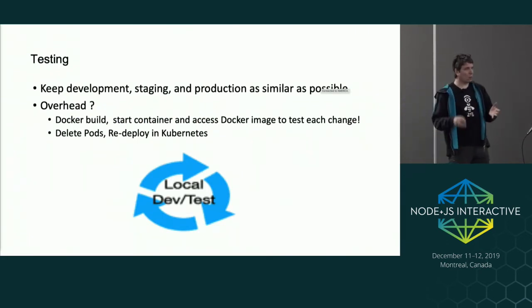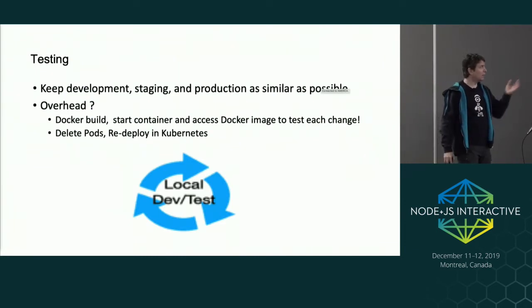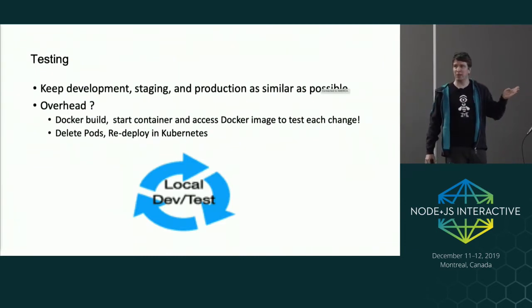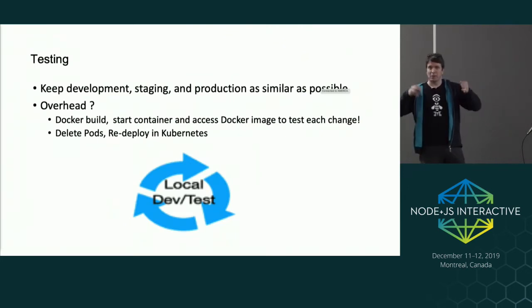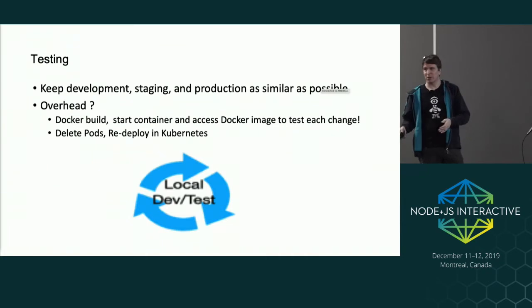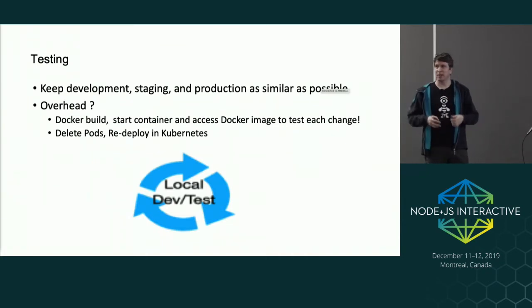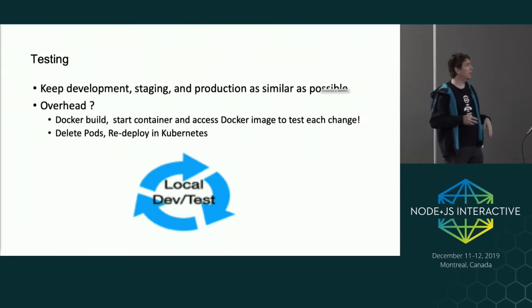So we actually want to test in Docker or in Kubernetes, ideally. But it strikes me there's going to be a lot of overhead there: I have to rebuild my Docker image, I have to start my Docker image, I have to start my testing. Do I really need to do that on every single cycle? That could be a lot of overhead. I'll leave you thinking about that as we'll come back to that later on.